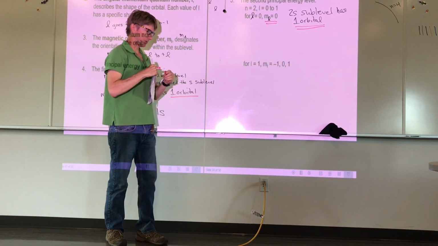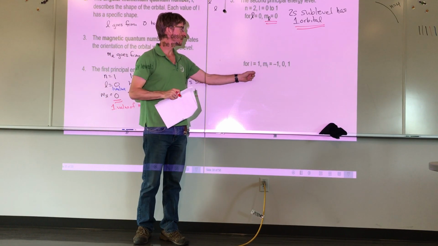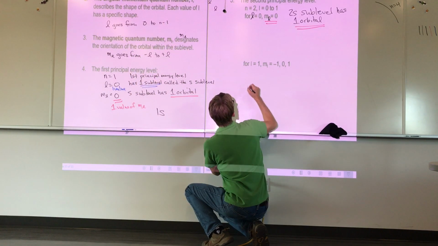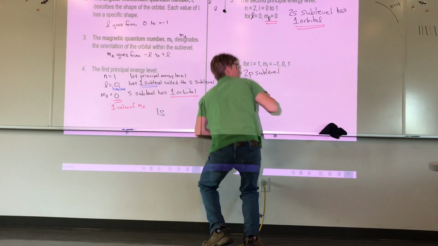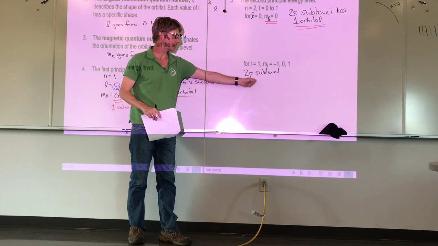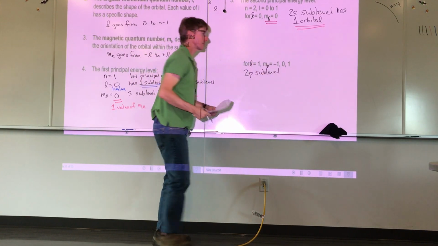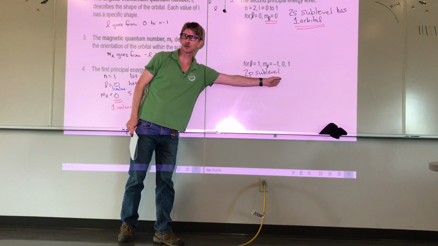One value, one orbital. Now, for L equals 1, this is going to be the p sublevel. And in fact, it's the 2p sublevel. 2 is because it's the second principal energy level. p is what goes with L equals 1. Perhaps you already know this, but based on the fact that there are 3 values for m sub L, how many orbitals are there in a p sublevel? 3 orbitals.